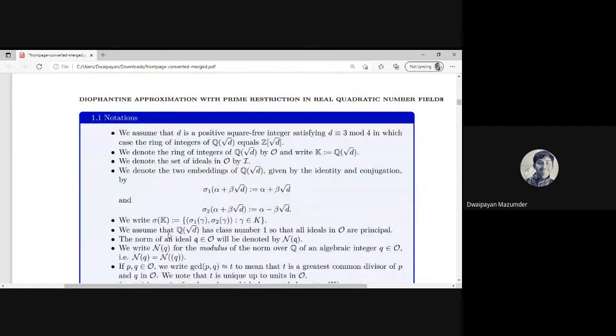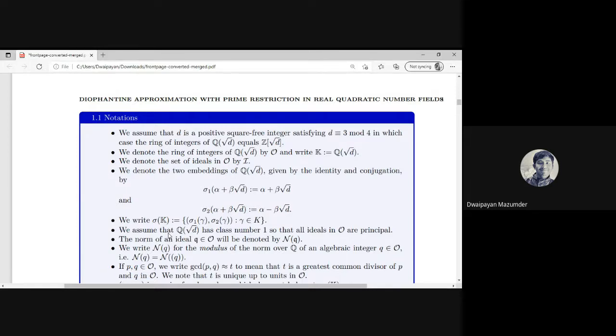So there are some notations. We are taking a particular d, a positive square-free integer satisfying d modulo 4 not equal to 1, in which case the ring of integers O is just Z of square root of d, and we write K as Q of square root of d.